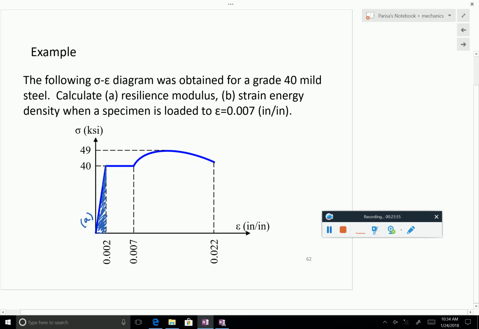So first you need to talk to yourself and say, okay, I know what the resilient modulus is. It is the area under the stress-strain curve up to the yield stress. And then the rest is calculation. It's a triangle. Hopefully we know how to calculate.